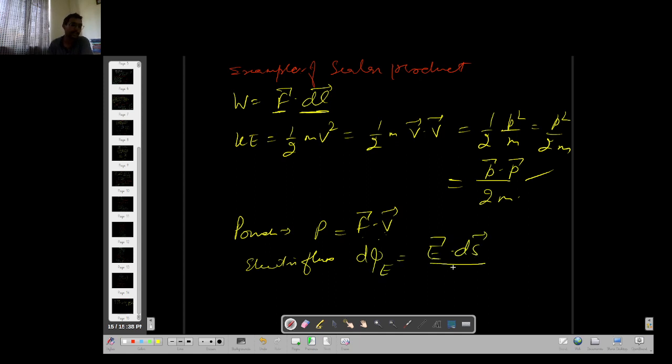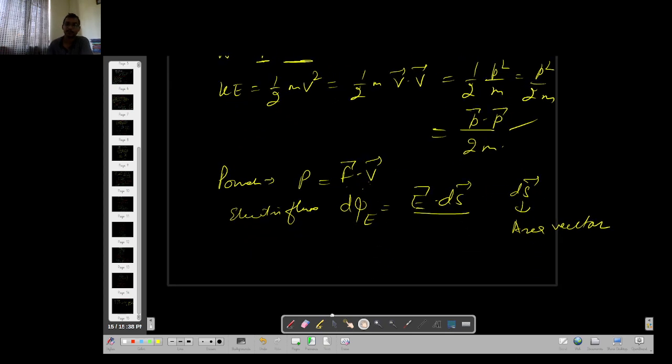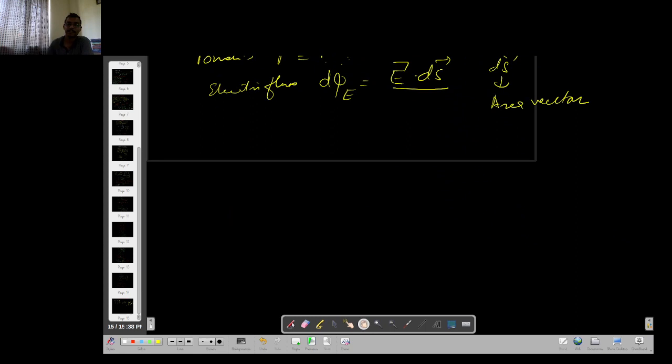It's also a scalar quantity, a scalar product, where ds is an area vector. So these are a few examples, and let us do some problems, right? So for that, consider a problem.